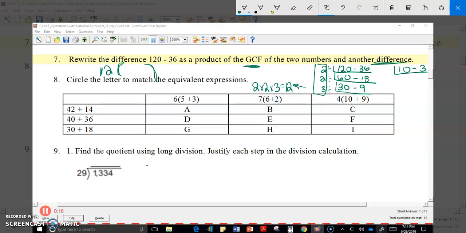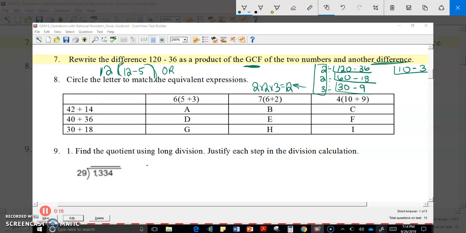Well, what is 120 minus 36? 120 minus 36 is 84. So what times 12 is equal to 84? 84 divided by 12 is 7. So what 2 numbers can I subtract that'll give me 7 so that I can multiply it by 12? Well, let's go with 12 minus 5. 12 minus 5 is 7, right?